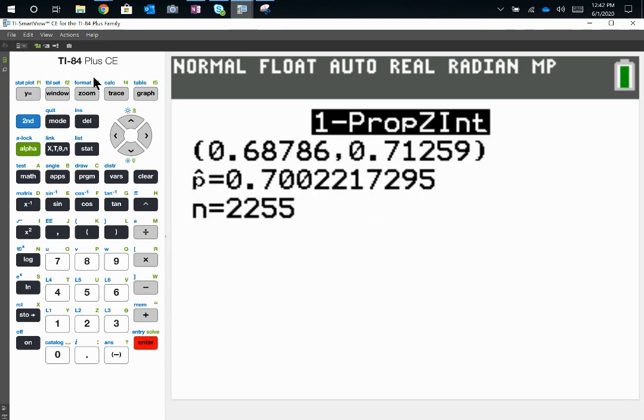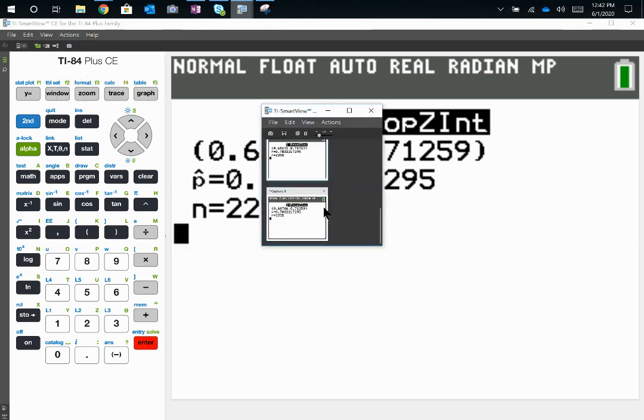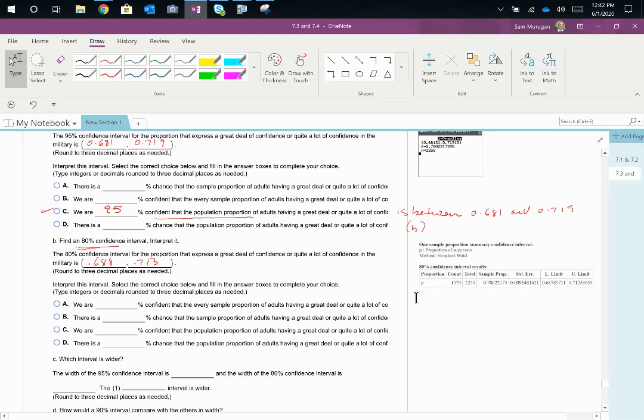And it will provide you with exactly the same answer, okay? In fact, sometimes the calculator is just a lot faster to do this than the StatCrunch program, but that's up to you, whichever one works better for you at the time.